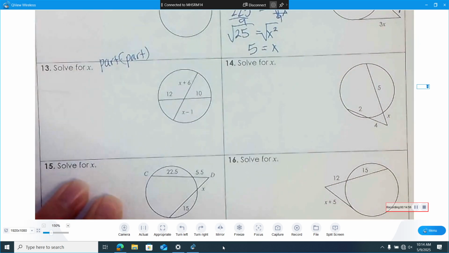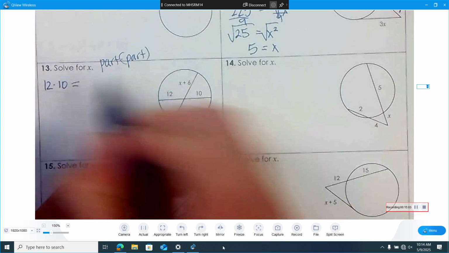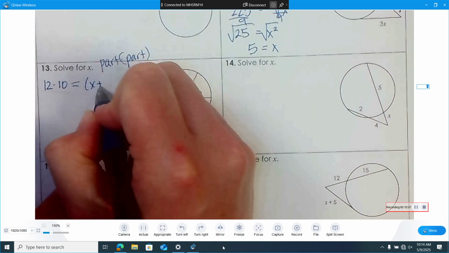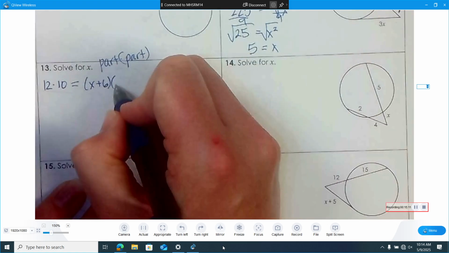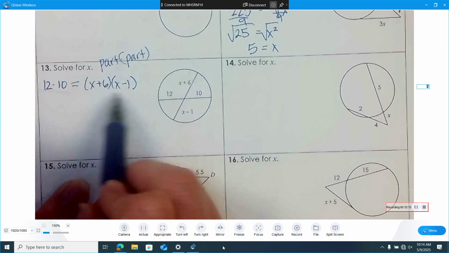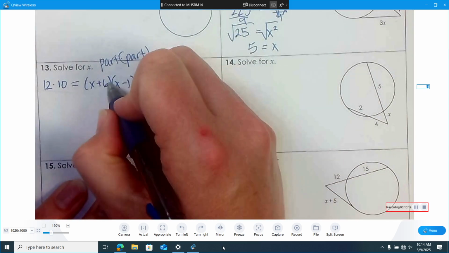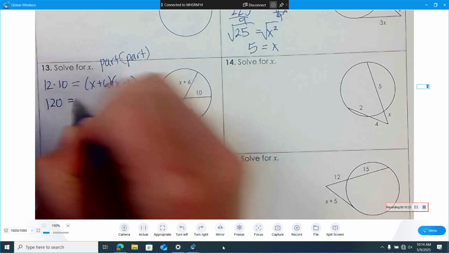Let's start with the 12. 12 times 10, so that's piece times piece equals, yeah, x plus 6, that's one part, and then the other part would be x minus 1. All right, what do we need to do with these bubbles next to each other like this? FOIL them, distribute, yes, so they are being multiplied together. Over here we have 120.